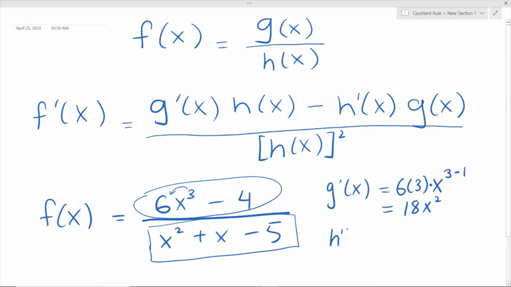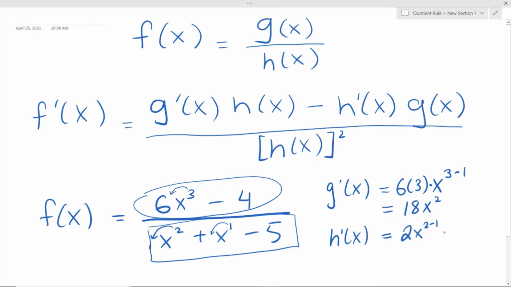Now for h prime of x, we look at the derivative of this denominator. We can use the power rule again. Here we take this 2 down, and then here this is x, and x is the same as x to the exponent of 1, so we also take this 1 down. If we take the 2 down, it's going to be 2x. And why is it 2x? Well, 2 minus 1, because this is to the exponent of 2, so we subtract 1. It's going to be 2x to the exponent of 1.